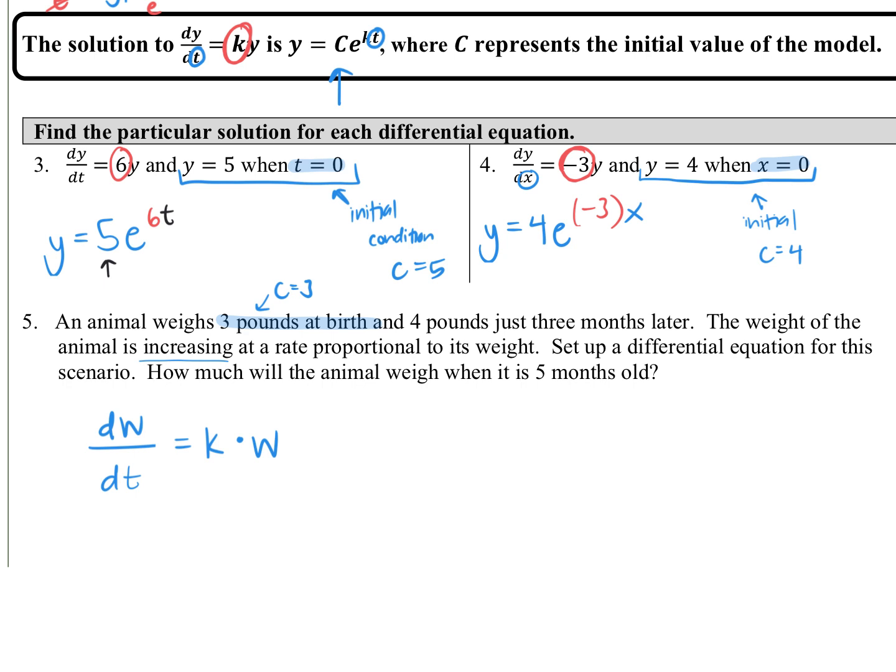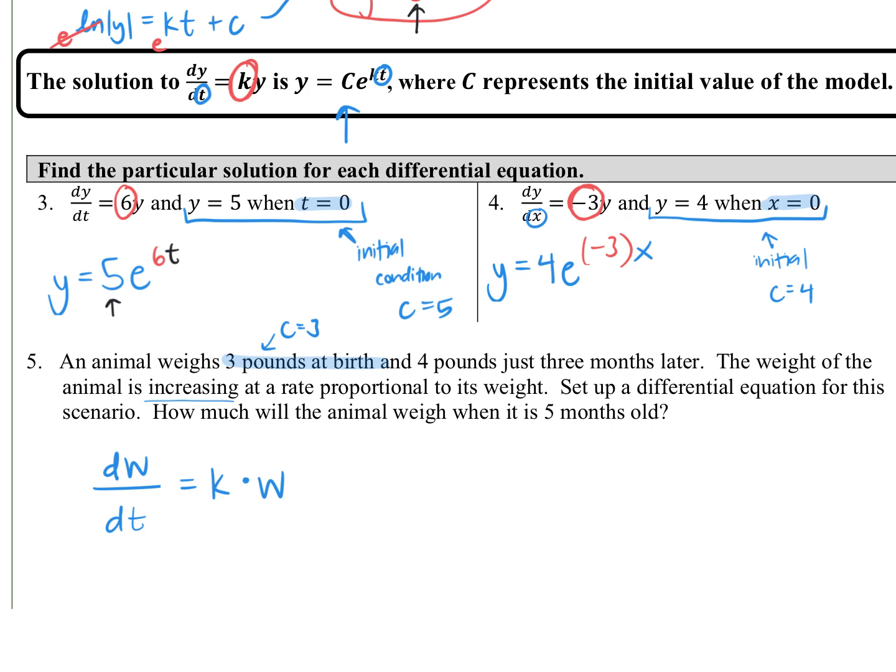Okay, so we are now going to change it into my exponential formula. Your exponential formula is normally in terms of x's and y's, right? So we got to be careful here. My y is actually equal to what in this formula? If it's dy, what's my y? W technically, right?